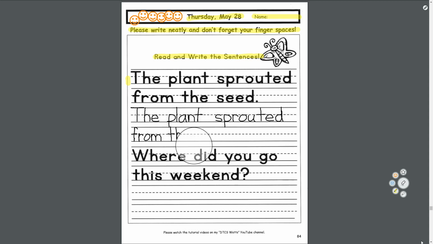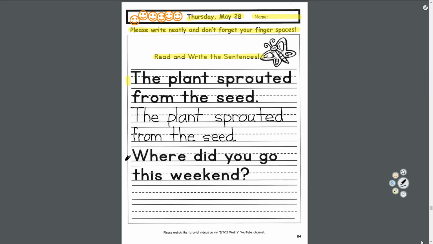So that's why it's good to use a pencil, because we can erase stuff. The plant sprouted from the, finger space, seed. Period. The plant sprouted from the seed.